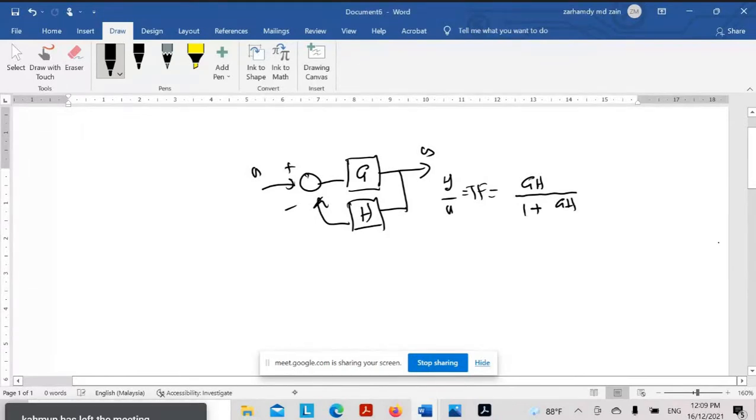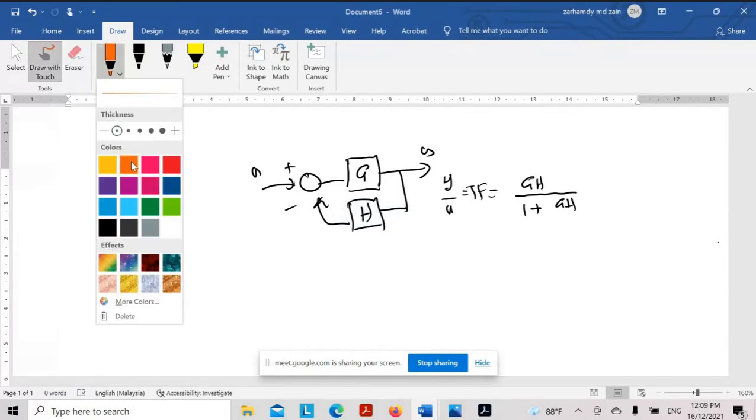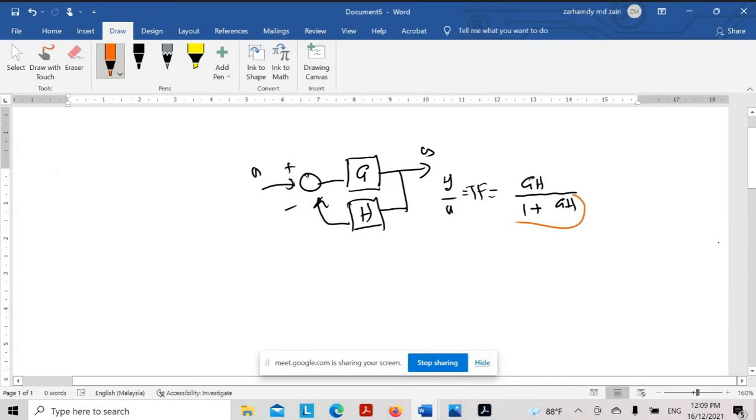In this chapter, stability, we only concentrate on this, because we call this the characteristic equation.